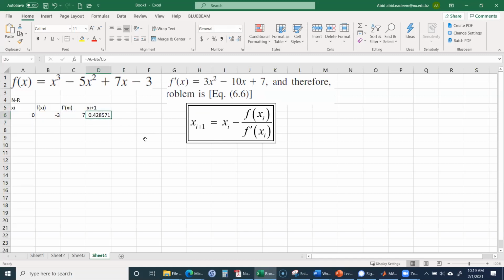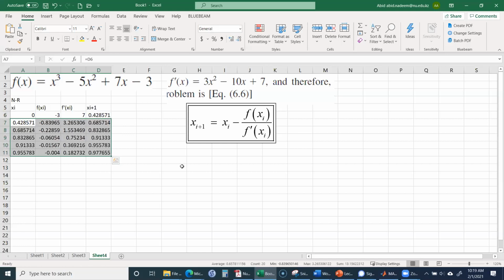Now I found the next value of x. For the next iteration, I will use this value and copy it over here, and then make more iterations. So I have done 6 iterations here, or maybe even one more: first, second, third, fourth, fifth.